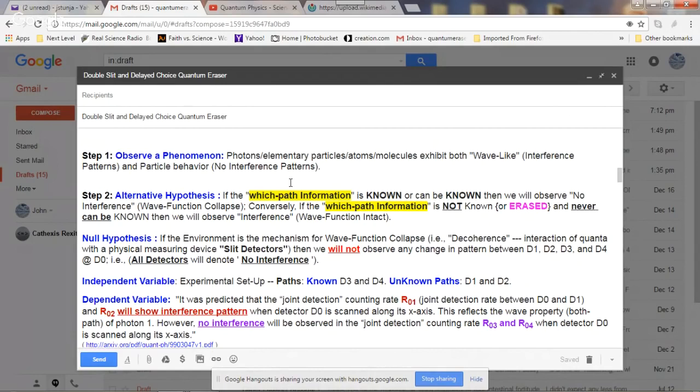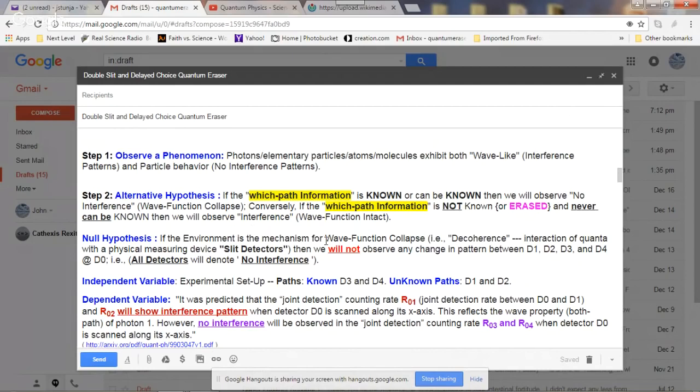The alternative is that if the which-path information is known or can be known, then we will observe no interference. Conversely, if the which-path information is not known or is erased and never can be known, then we will observe interference.